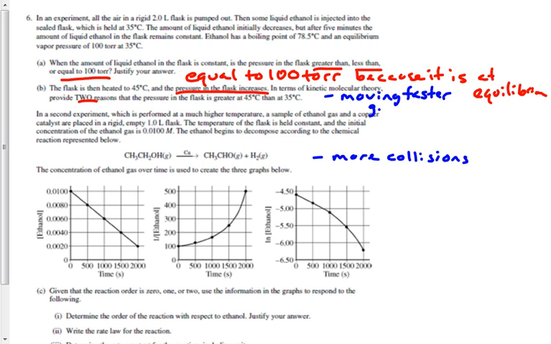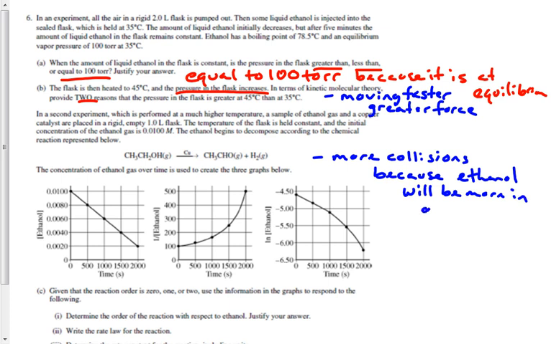And what you could say is, at a higher temp, more collisions, because more gas particles. I have a feeling this is one of those that a lot of people only had 1 out of 2, because you've got to be kind of specific. So I probably would have fallen short only because I probably would have short-armed this just a little bit.